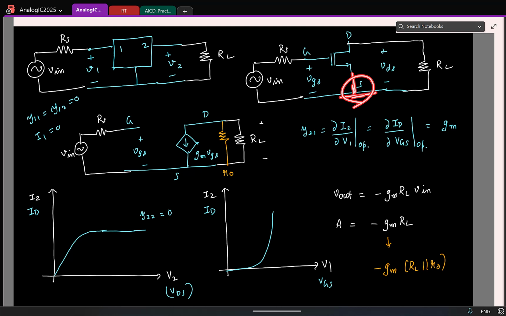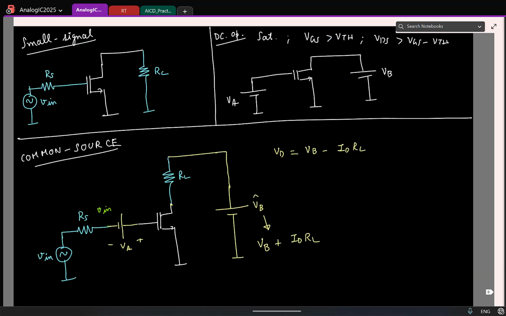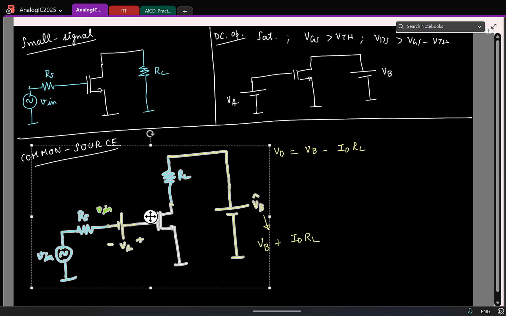Is this clear? How did we bias this for now? Any questions? Okay. So unfortunately, although this works, there are a lot of practical difficulties with this.